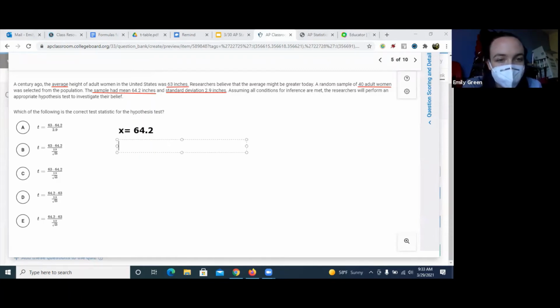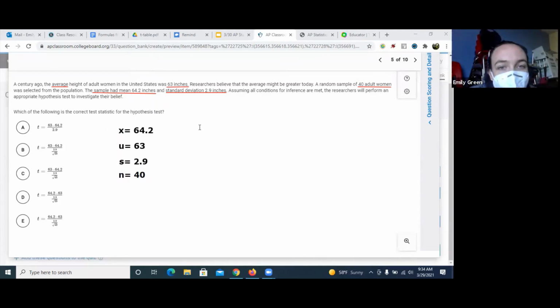My mu, which I'm just going to write as a u, that's my population mean, the one that we are using to test our hypothesis, that's 63. My standard deviation, I'll make that an S, that is the 2.9 inches that we saw. And then the last thing that I need to know is what's my sample size? I asked a random sample of 40 women, so that means that n equals 40. These are all of the variables that I need.